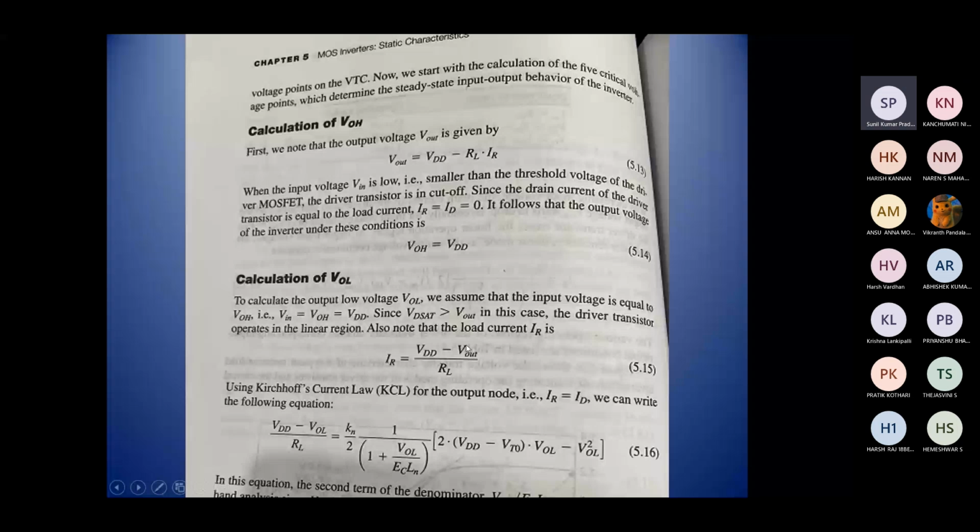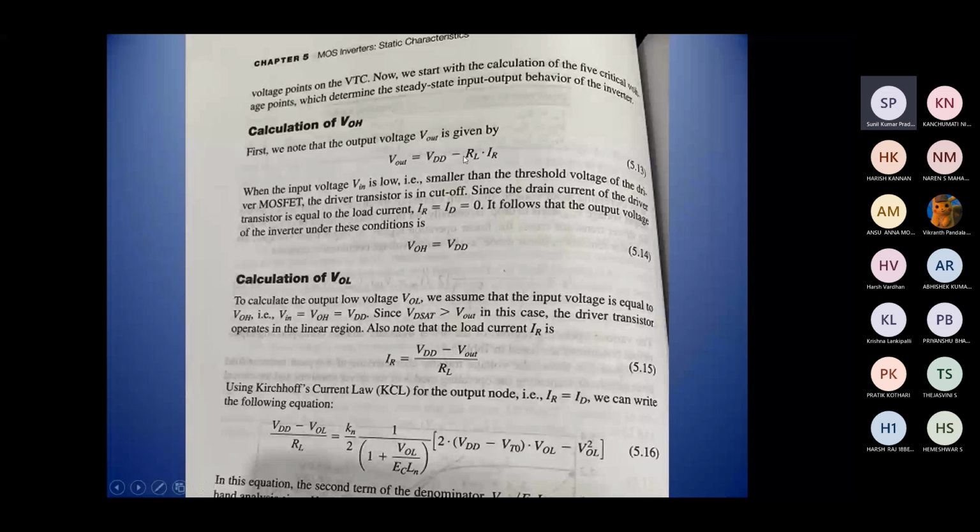Now, using Kirchhoff's current law, KCL, at the output node, the load current is equal to the drain current. So in this case, we can rewrite the equation like this: VDD minus VOL divided by the load resistance equals the drain current. The K factor, as you know, is nothing but the mobility times Cox times W by L. We have already discussed and solved many numerical problems in this regard.